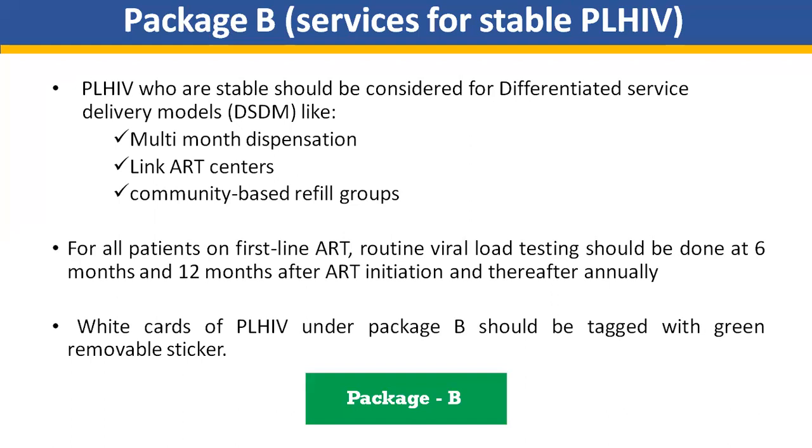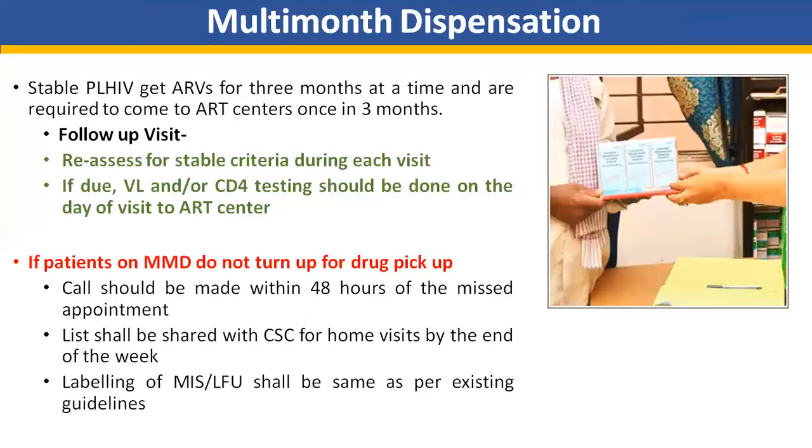For second-line and third-line patients, viral load testing has to be done every 6 months. The white card of the patients will have a green sticker, that is, package B has to be mentioned in that. Multi-month dispensation, as I said, is ideal for package B patients.